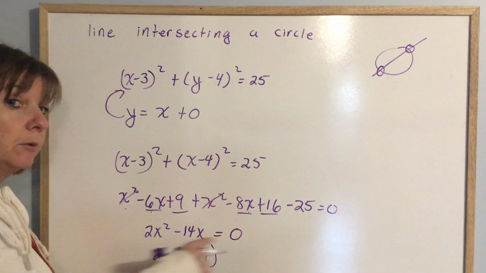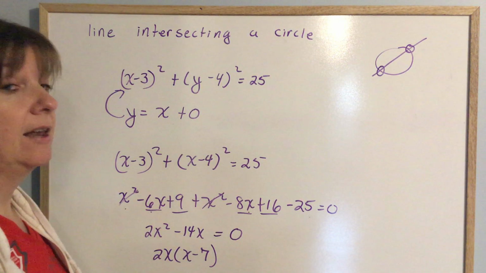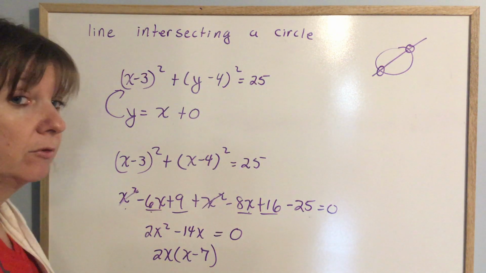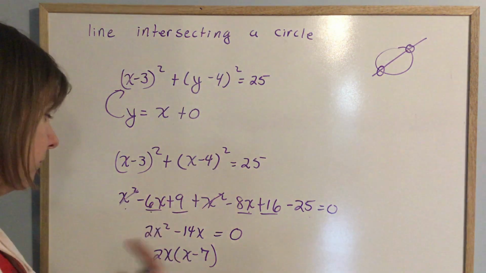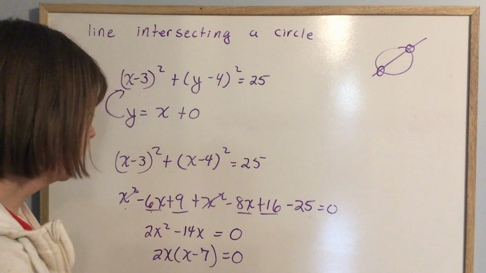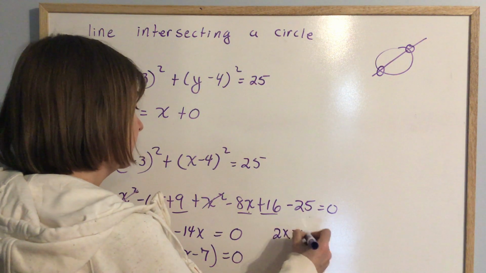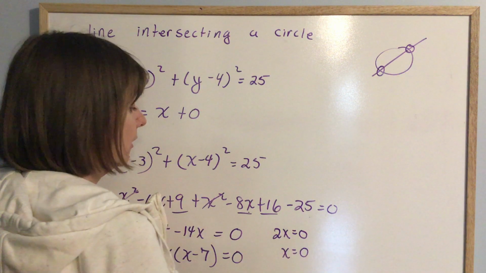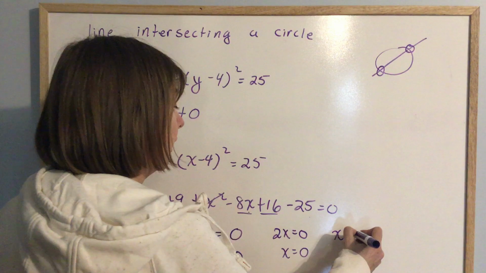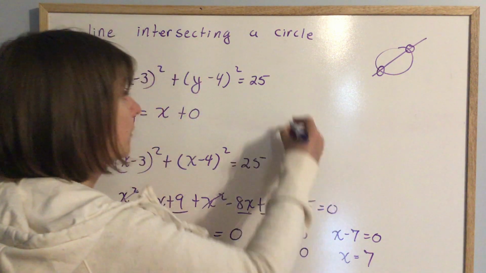Now, a lot of times it'll be a trinomial, and so you'll be factoring the trinomial. And if you can't factor the trinomial, if that's not something that you do easily, do the quadratic formula, that works too. But in this one, either 2x is equal to 0, which means x is 0, or x minus 7 is equal to 0, which means x is 7.